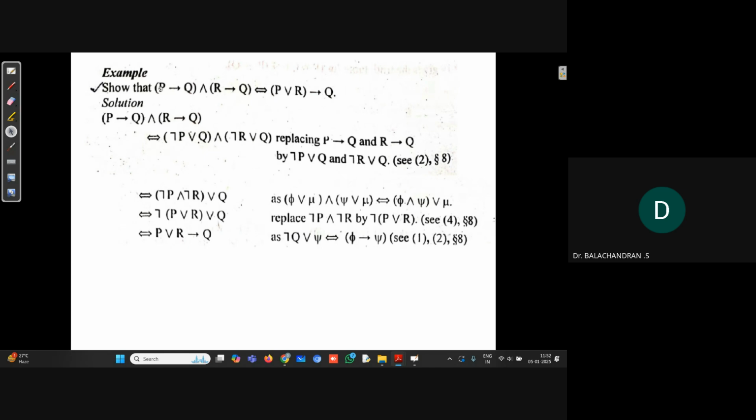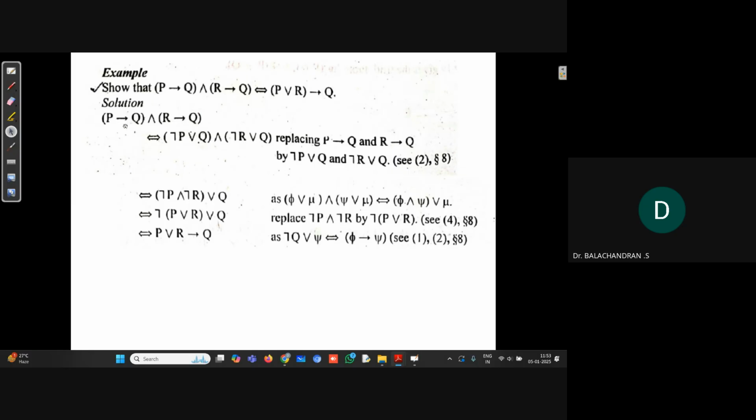P implies Q and Q implies R is equivalent to P or R implies Q. First, the left hand side I have taken: P implies Q and Q implies R. We know that P implies Q is equivalent to negation P or Q, and R implies Q is negation R and Q. Now here R, here R, so we need to use distribute.